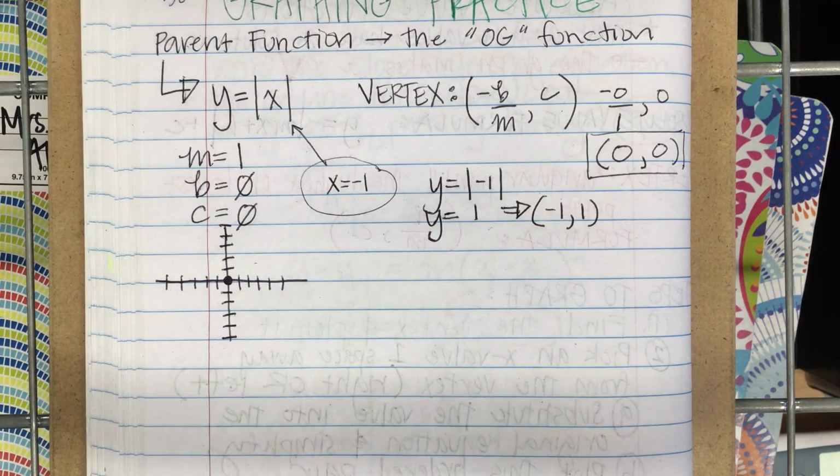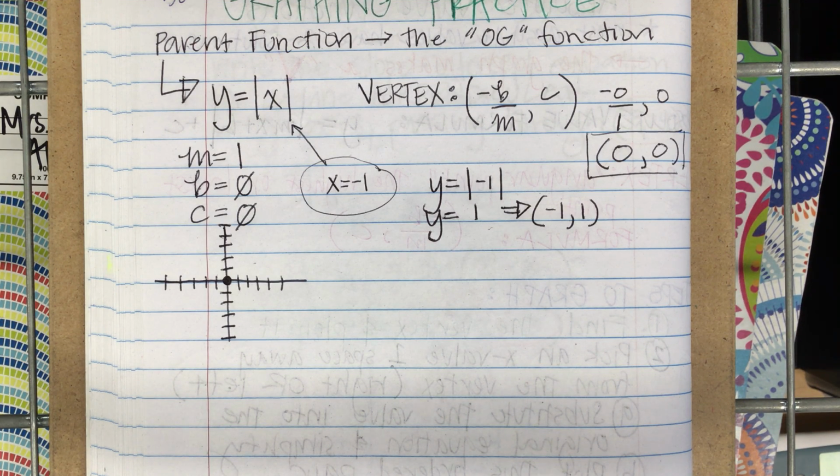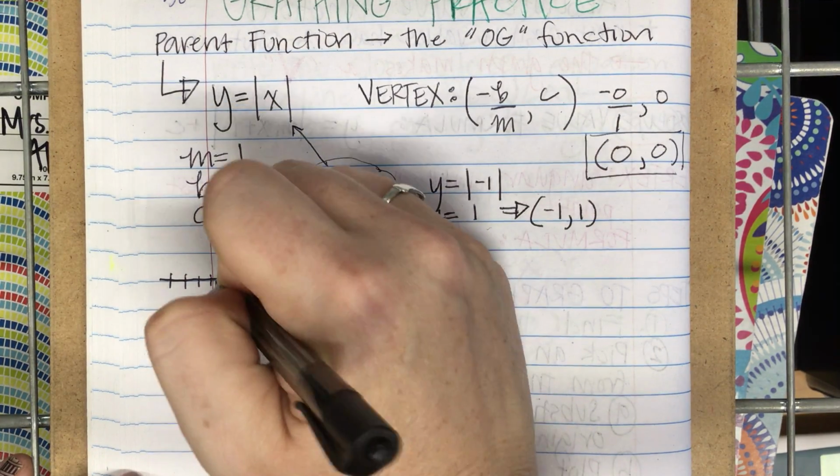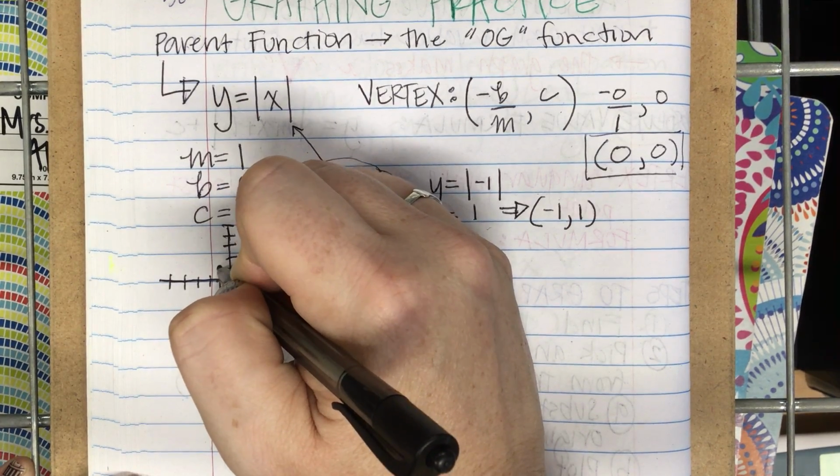After I substitute my x value, I simplify, I solve it, I figure out the answer, and that answer is my y. X and y make an ordered pair. Let's plot it. -1, +1.